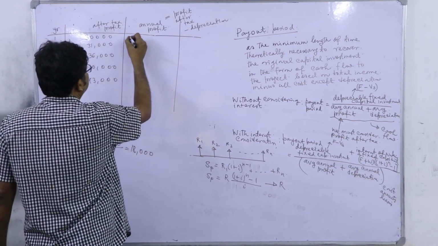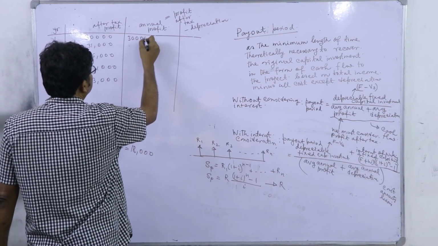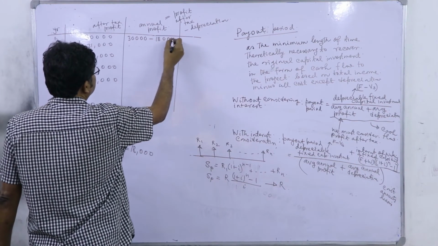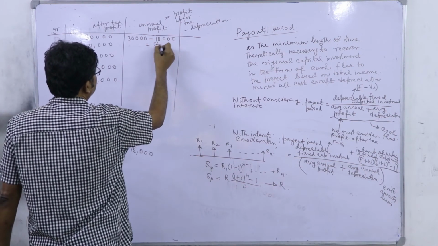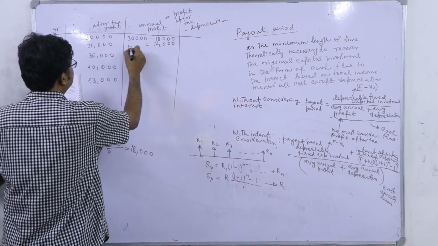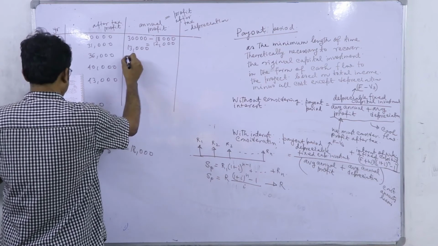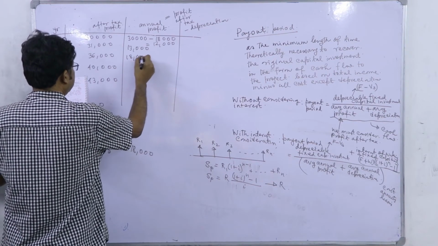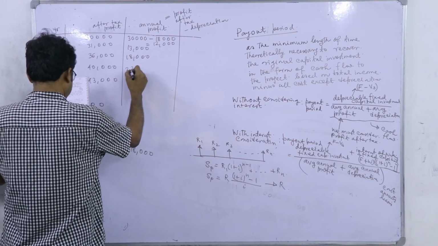So, from the profit 30,000 we have to subtract 18,000. So, we will get 12,000. Right. Similarly, here it is 13,000. Here it will be 18,000. Here it will be 22,000.